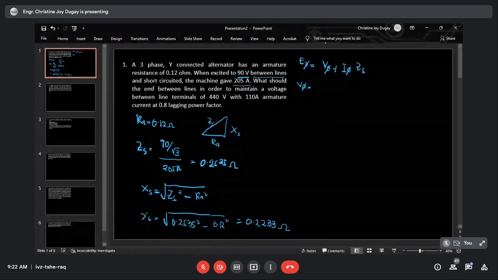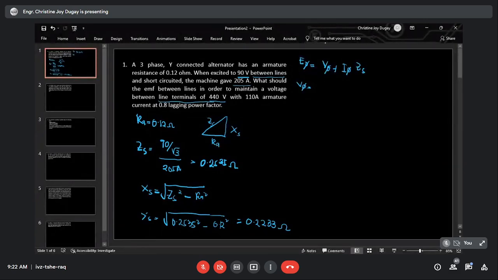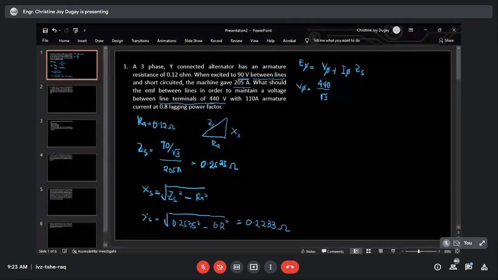440. So since ang 440 natin is line terminal po siya, we have to find the per phase value, no? So from 440, divide natin siya ngayon ng square root 3, no? So since sabi niya dito sa problem, to maintain a voltage between line terminals of 440 with 110 armature current at 0.8 lagging power factor.